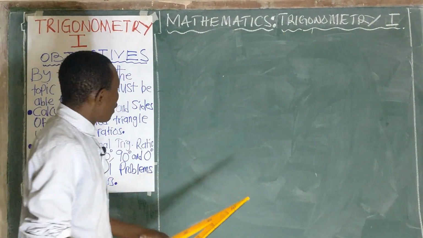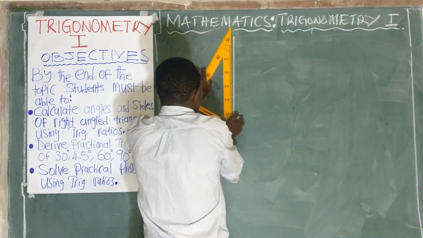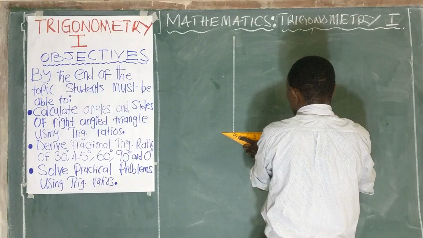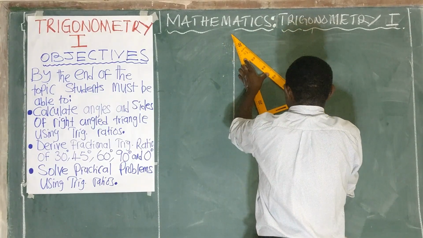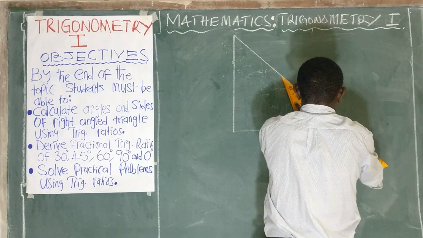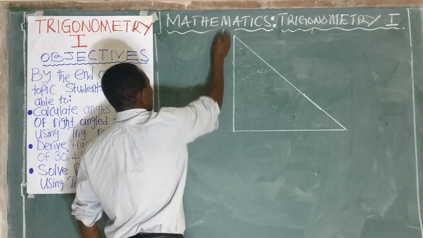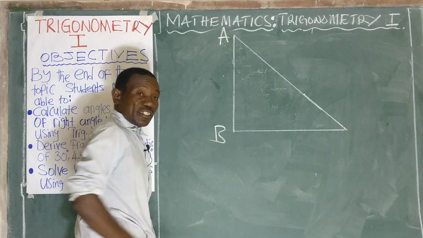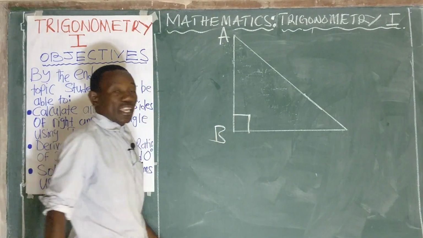A right angle triangle, we all know, is a triangle within which one out of the three angles is a right angle. If I draw a sketch here, a right angle triangle must look something like this. It can be drawn in any form, but what is important is that one of the three angles should be a right angle like that.